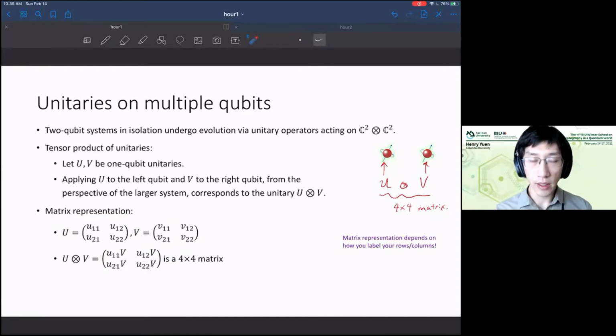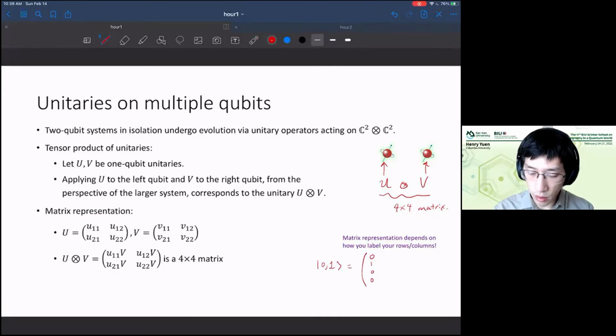I should note that this choice of how we represent this matrix, it really depends on how you label your rows and columns, right? So for example, when I said that if we have this tensor product state 0, 1 as corresponding to 0, 1, 0, 0, that's a specific choice, because we're saying that the second entry of the column vector corresponds to 0, 1, right?